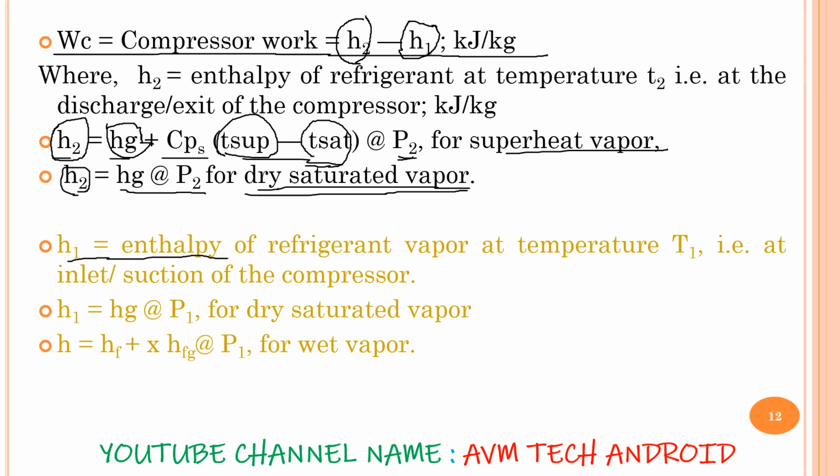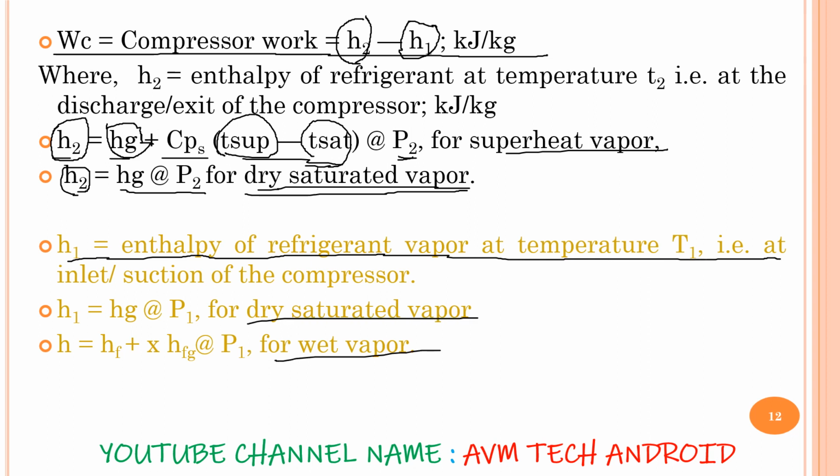Again, H1 is the enthalpy of refrigerant entering the compressor, either a dry saturated vapor or a wet vapor. If it is a dry saturated vapor, then H1 equals Hg, the enthalpy of vapor at P1 pressure, or H1 equals Hf, the enthalpy of the liquid phase, plus X into Hfg, where X is the dryness fraction.